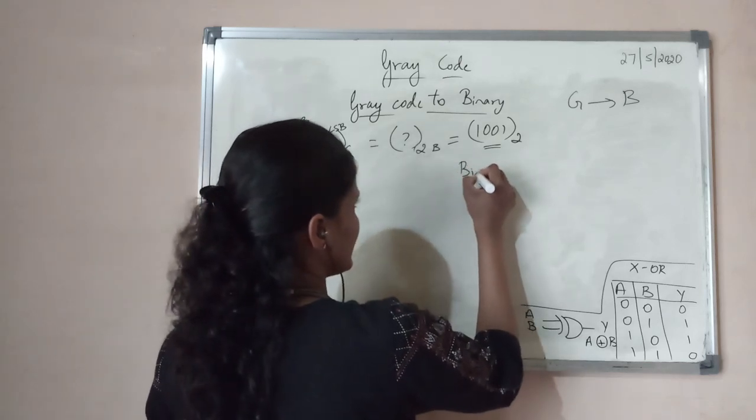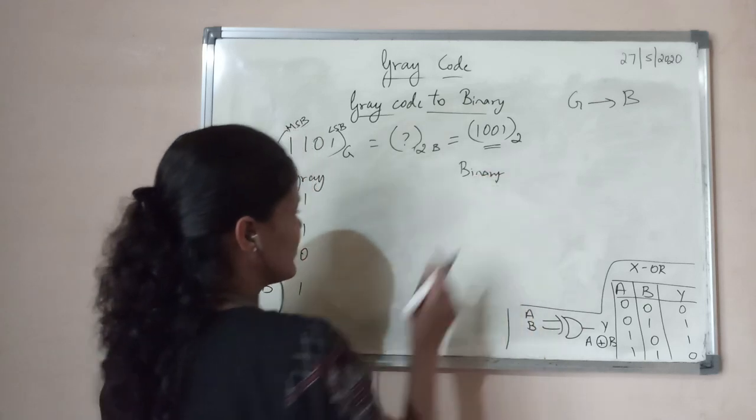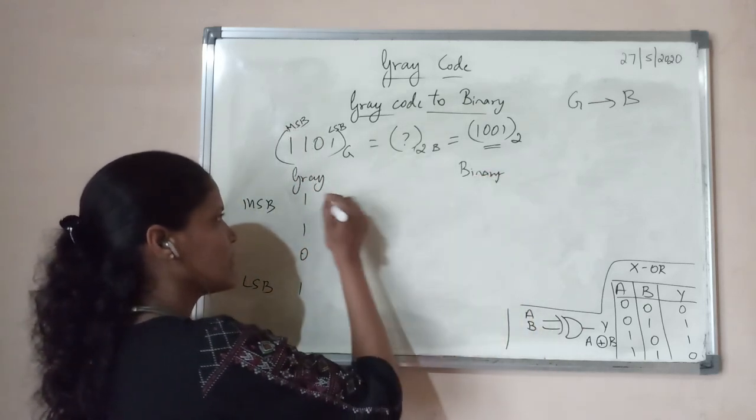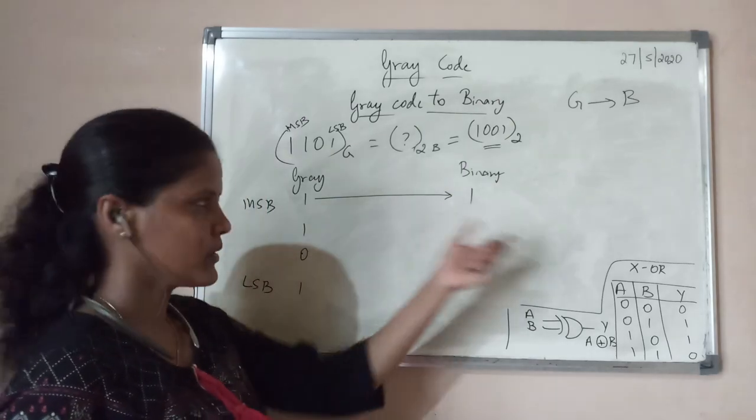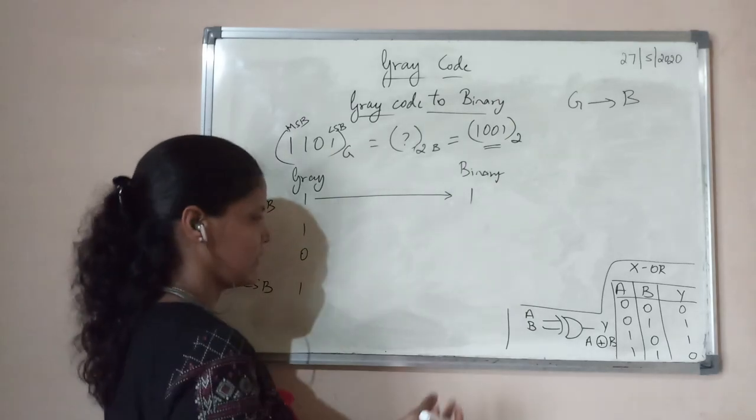I have to convert that into binary. The MSB of the binary is the same as the MSB of the gray code, so I'm just going to write a direct arrow mark and leave it.